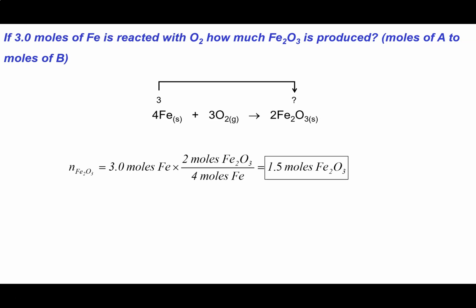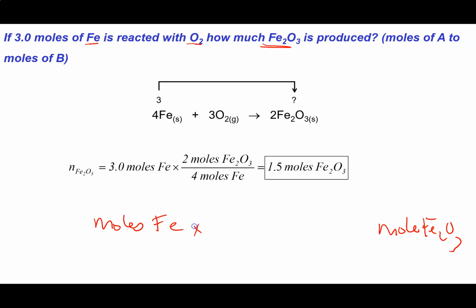So here's a good example. It says if 3 moles of iron is reacted with O2, how much Fe2O3 is produced, and it gives you the balanced equation. I want to go from moles of iron to moles of Fe2O3.